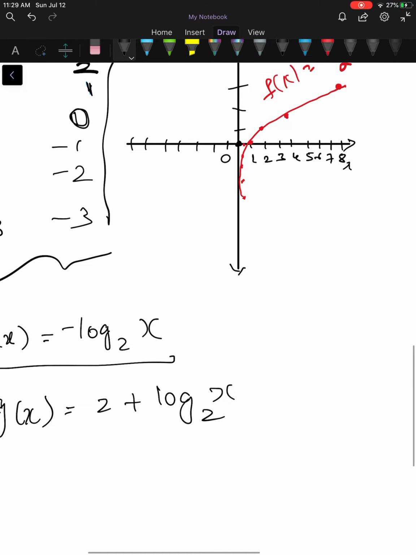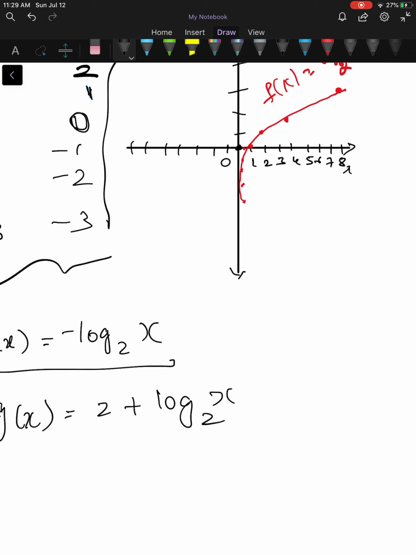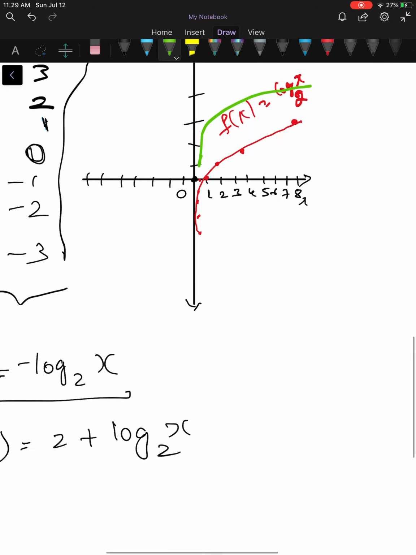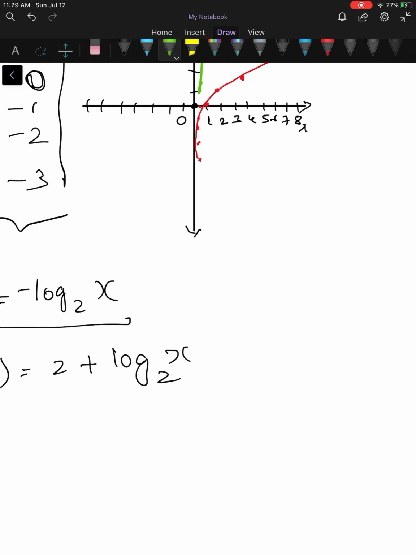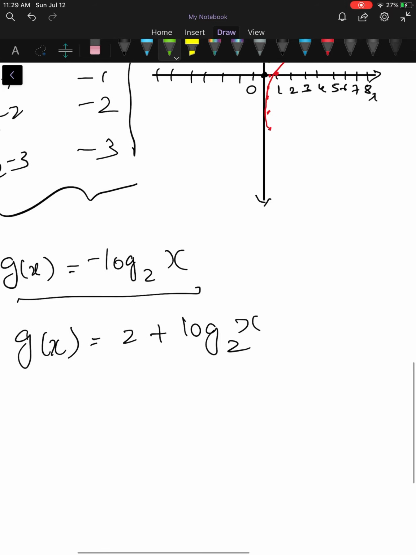So as shown here, you shift every point of the graph by 2 units, and you will have the g of x graph somewhat like this. 1, 1, 2, so it will be somewhat like this. Okay, so this is our g of x. That is like applying the transformation of shifting the functional values upwards by 2 units, correct?